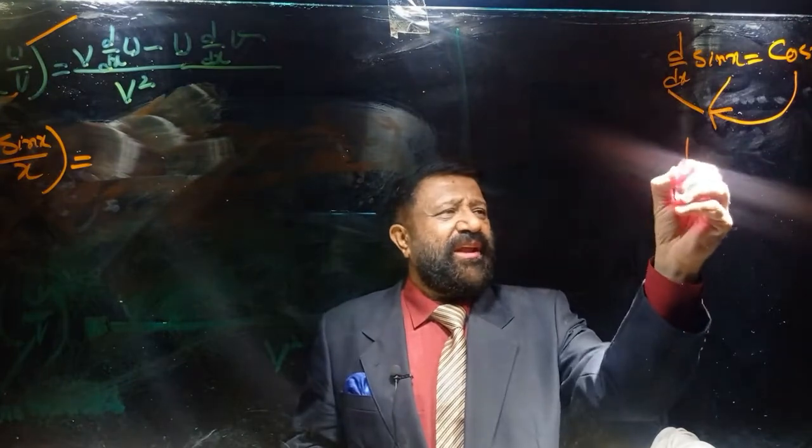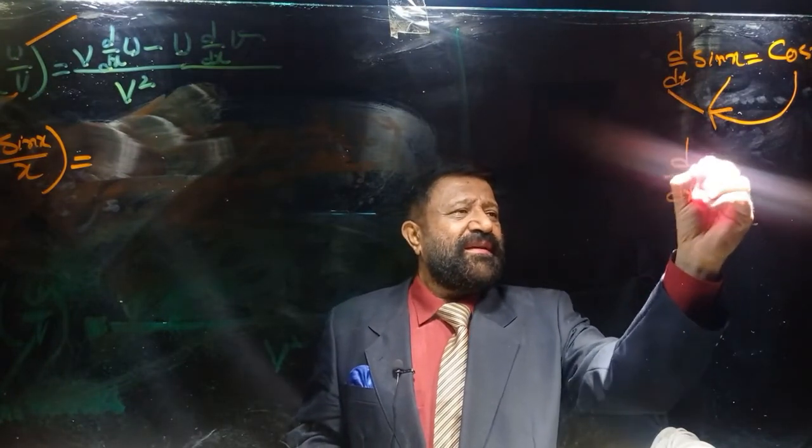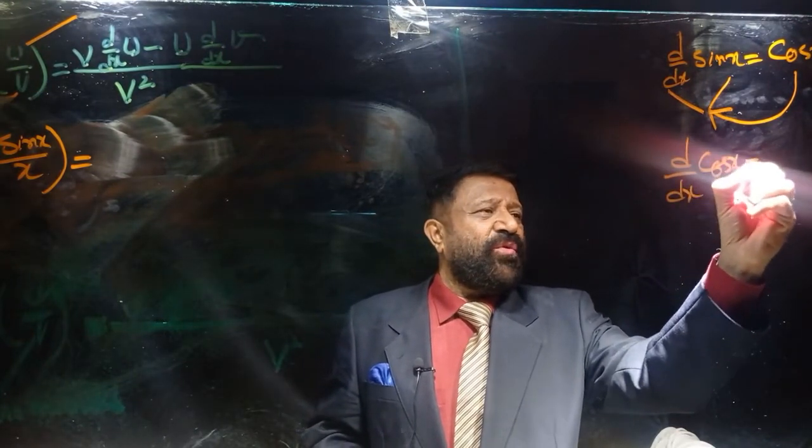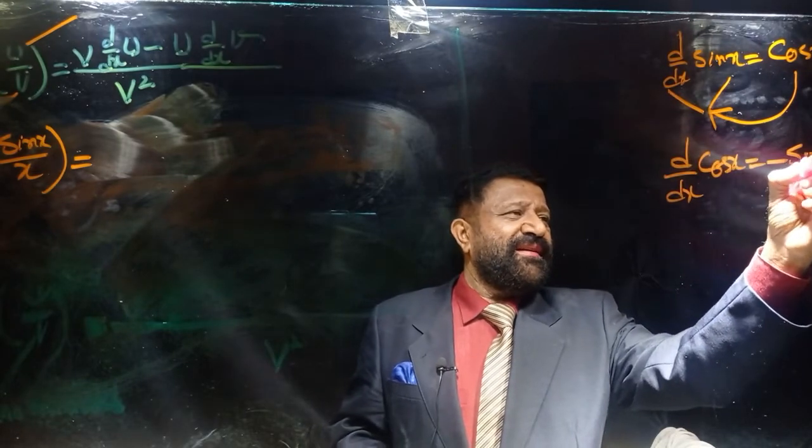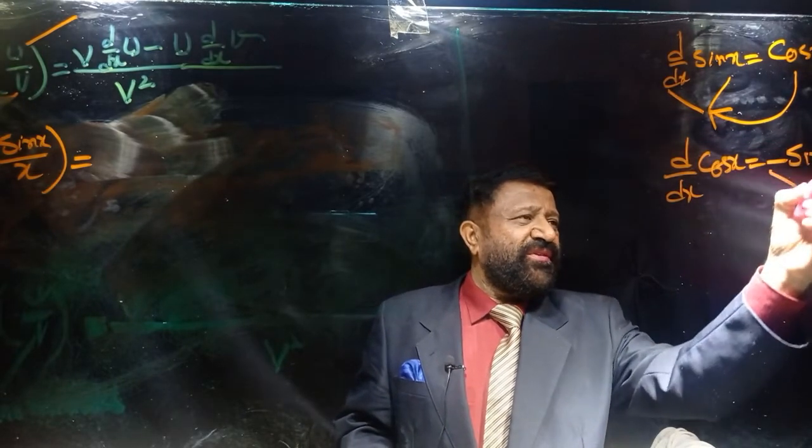And the derivative of cos x is equal to minus sin x. This is the complete answer.